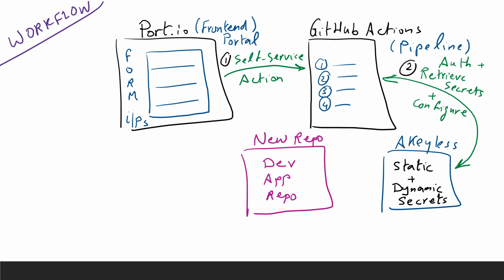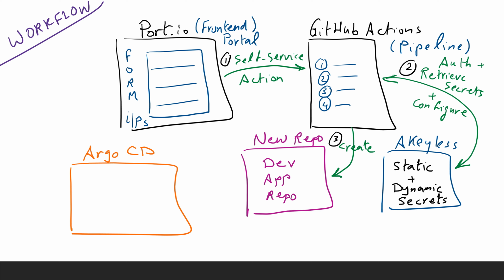And then what will happen is the Actions pipeline will create a new repository for our developers to start to work on their application. Not only that, an ArgoCD application will be created by our GitHub Actions, and it's going to get connected to this new repo that we created.